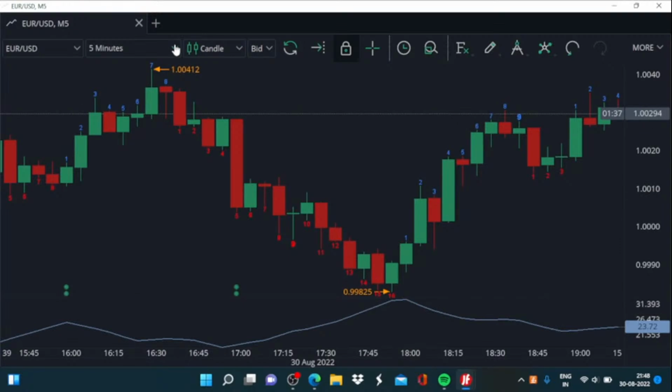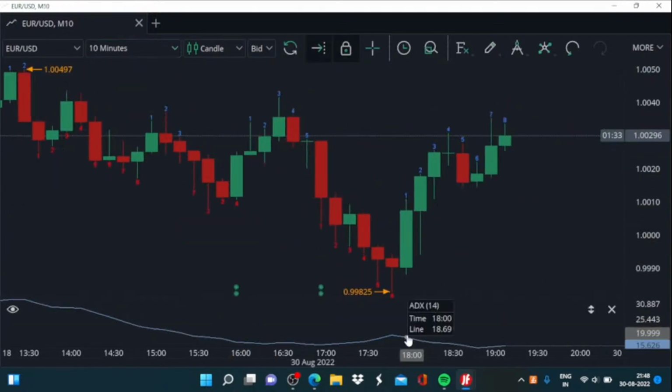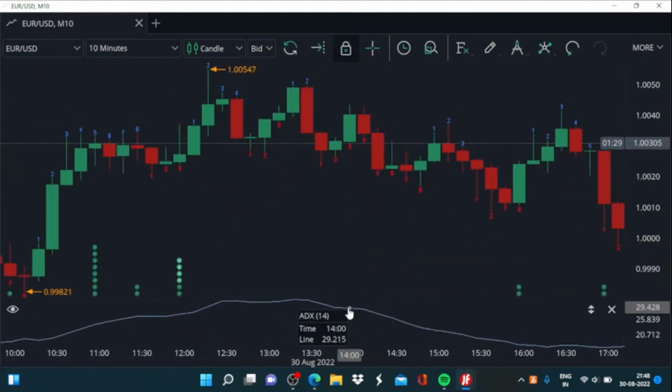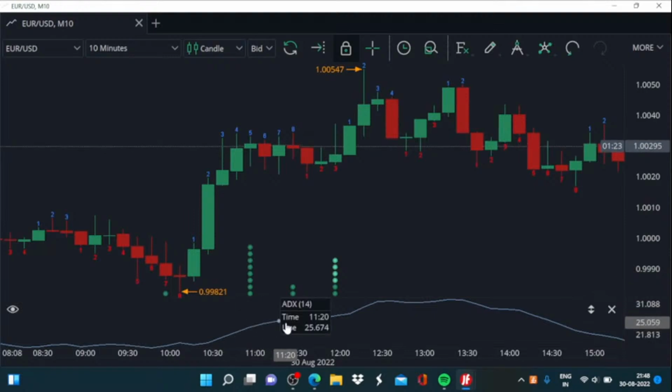Here on the lower time frame, say let's take the 10 minutes as our preferred time frame for intraday trades, we saw the ADX climbing above 25 early in the day at around 11 GMT, and after that it didn't really sustain much, but still we had a 25-30 pip move on the higher side.